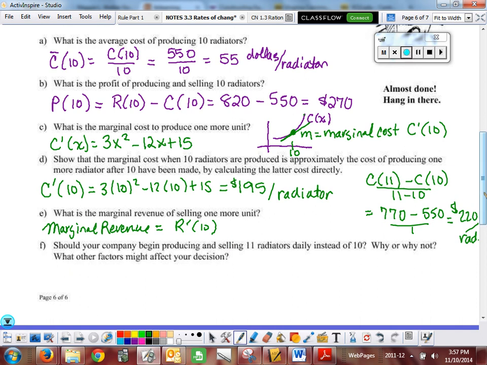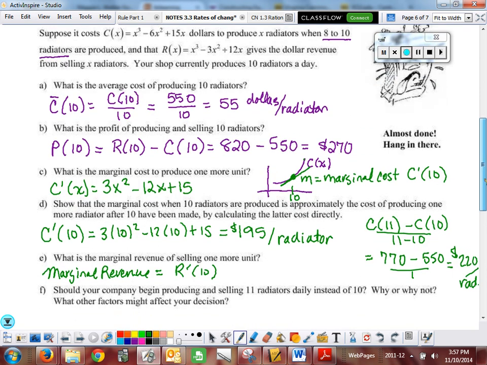So my revenue function, we need the derivative for that as well. Let's go ahead and not do 10 yet. We'll do that second. So we'll do this as R prime of x. And so our derivative of the revenue function is 3x squared minus 6x plus 12. Okay, and so we want to see what's going to be the marginal revenue for selling one more unit after the 10.